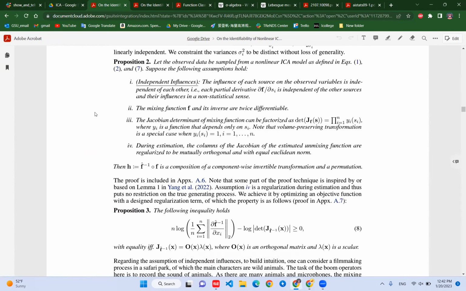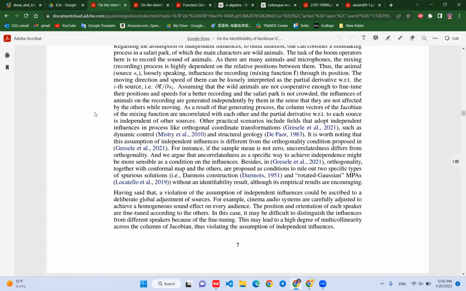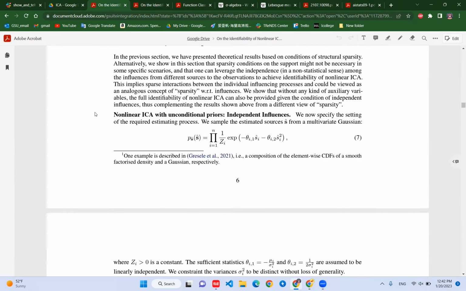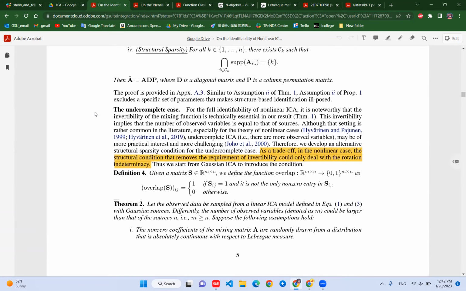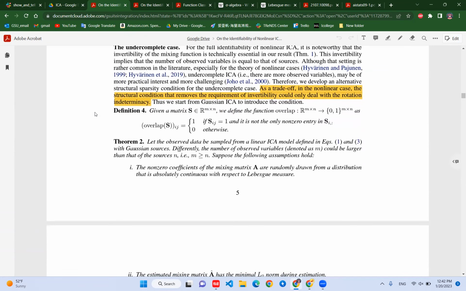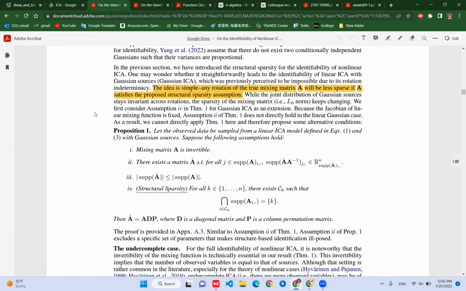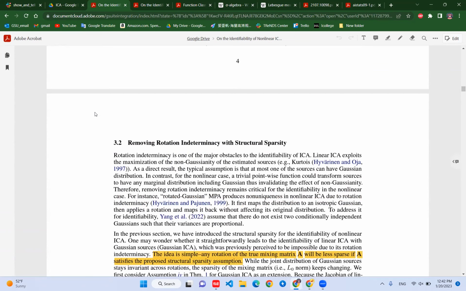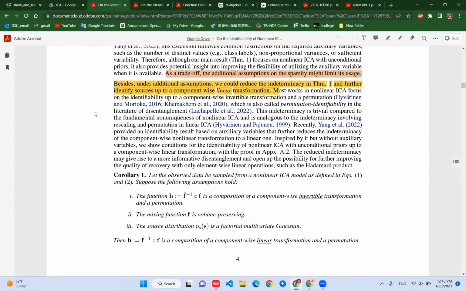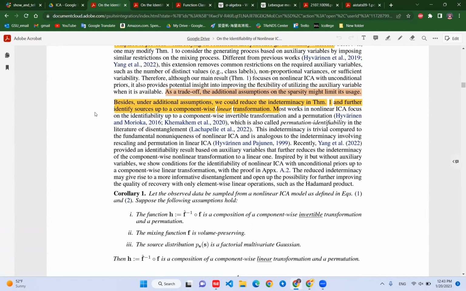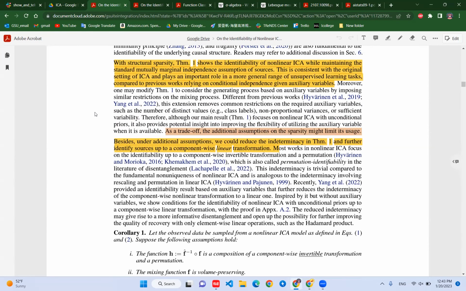Okay. The new interesting result from the poster was that it's on identifiability of Gaussian sources, right? Something like that, because this corollary 1 from this theorem says that basically the source distribution is a factorial multivariate Gaussian, Rogers. That kind of relates to what we were talking about. What page is that? Page 4 of the arXiv version.